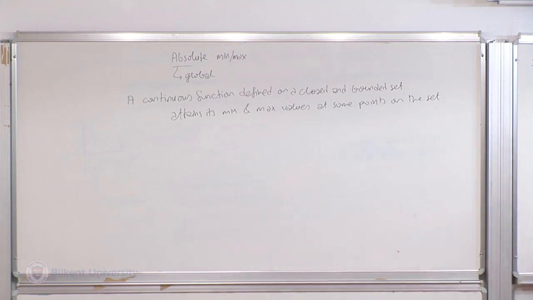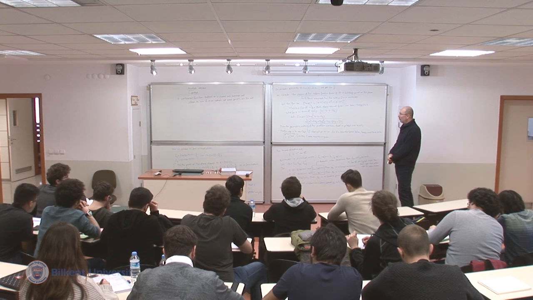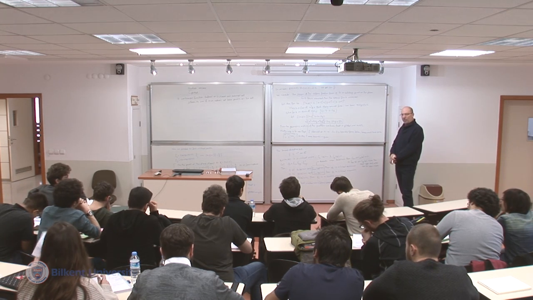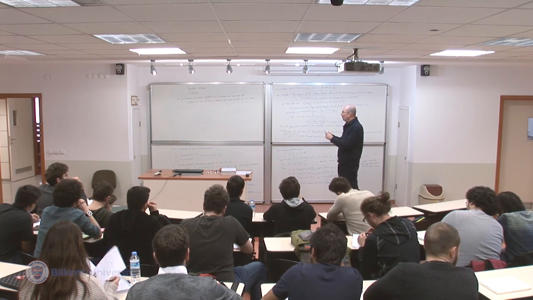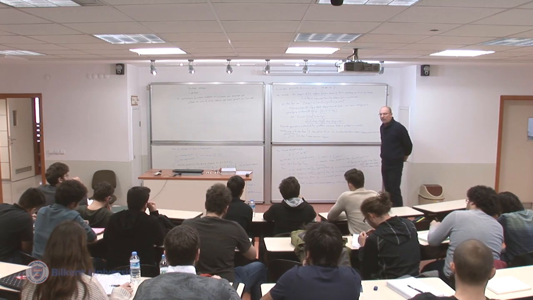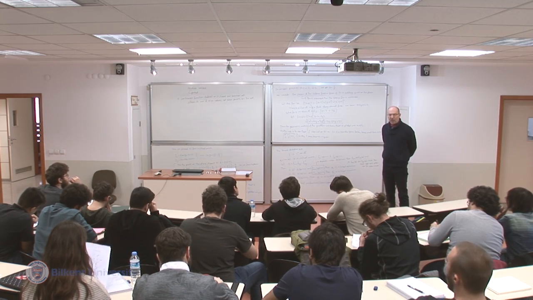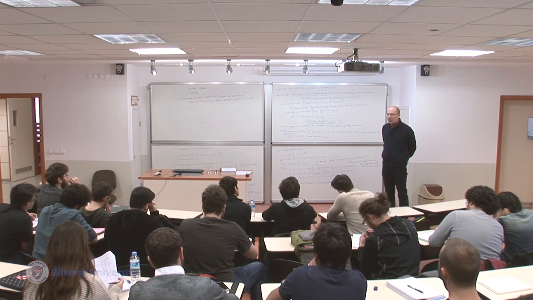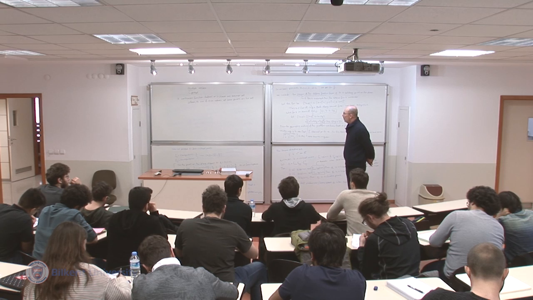Here, both closed and bounded are required. We have examples from the one variable case. For example, the function 1 over x on the bounded interval 0 to 1, where 0 is excluded, does not have a maximum there.